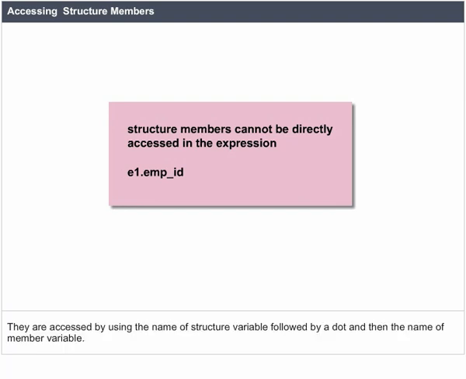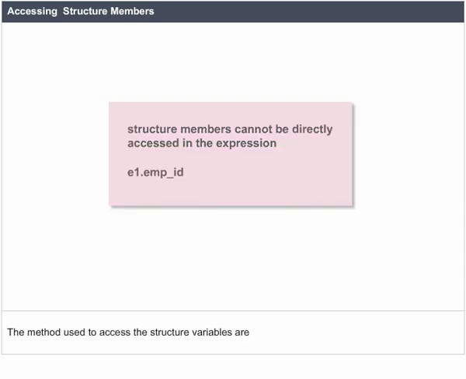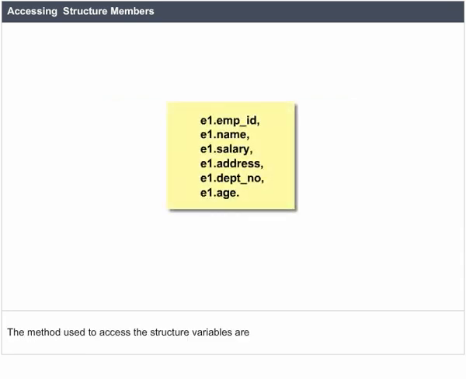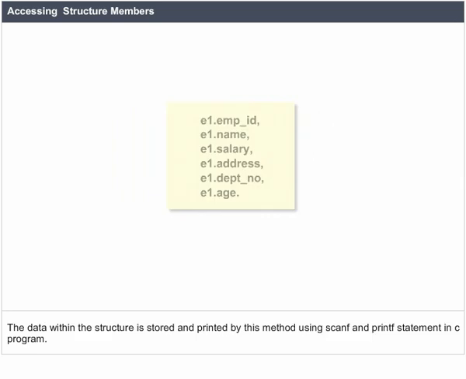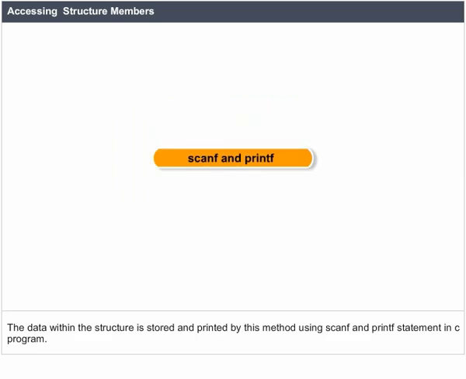They are accessed by using the name of the structure variable followed by a dot and then the name of the member variable. The data within the structure is stored and printed by this method using scanf and printf statements in a C program.